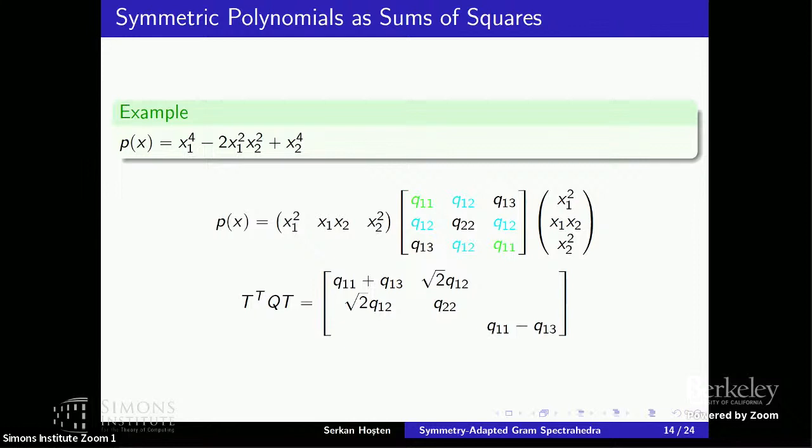Which means that certain entries, I color coded them, have to be all equal to each other. So you reduce the number of variables. On top of it, you have this T, the change of basis, and all of a sudden your matrix is going to look much nicer in this block diagonal form. So if you want to test that this matrix is positive semi-definite, you can test the blocks, which are smaller.